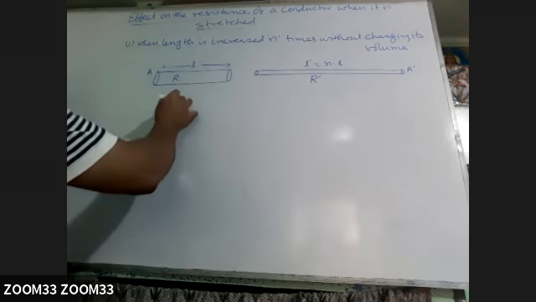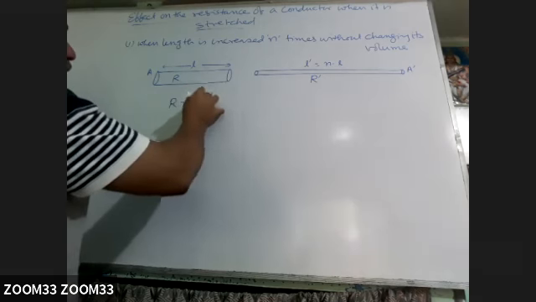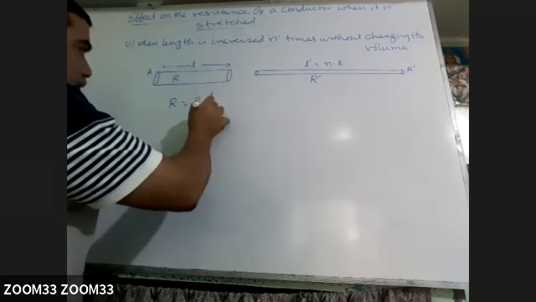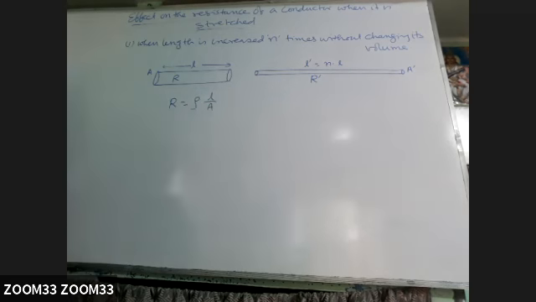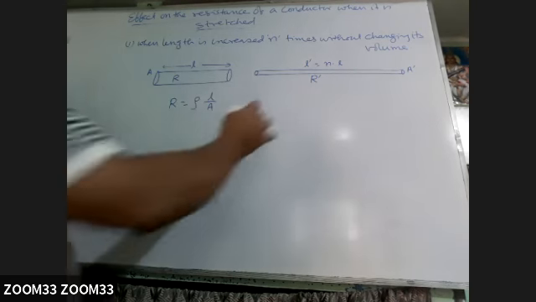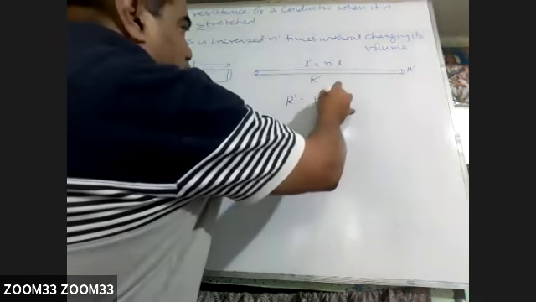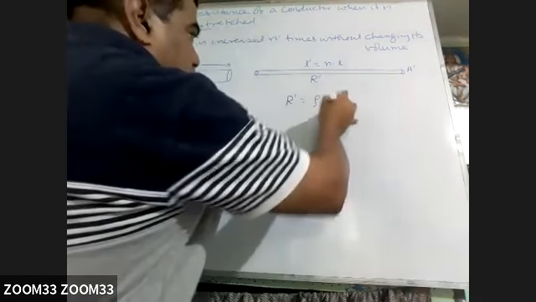So you know this R is rho L by A, and this R dash is rho L dash over A dash.